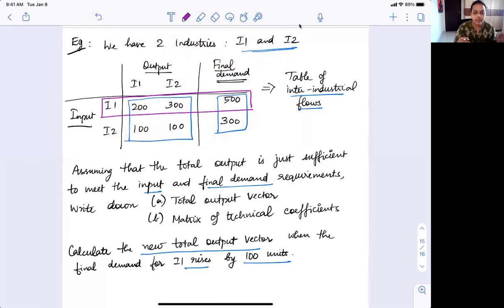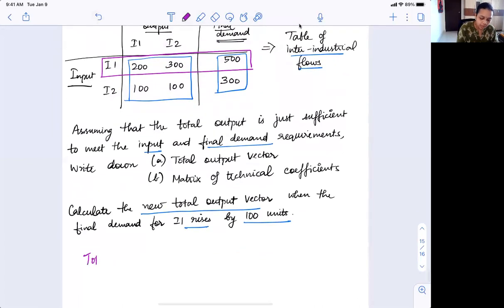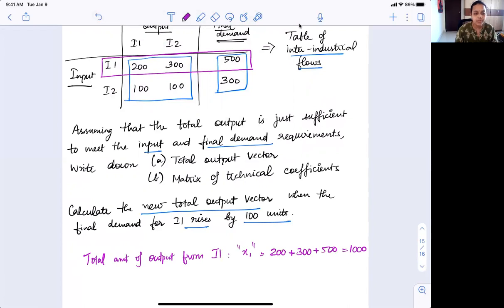So the total output of I1 should be equal to all of these quantities. Let's call that x1. That is just equal to 200 plus 300 plus 500, which gives us 1000. So total units of output from I1 are 1000.